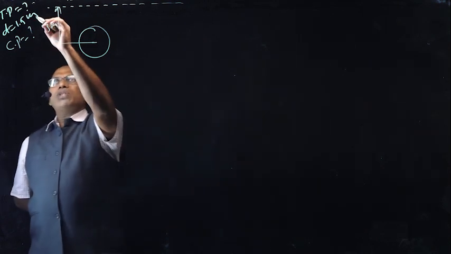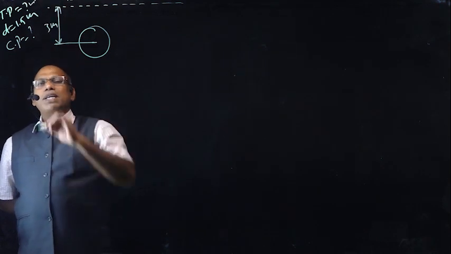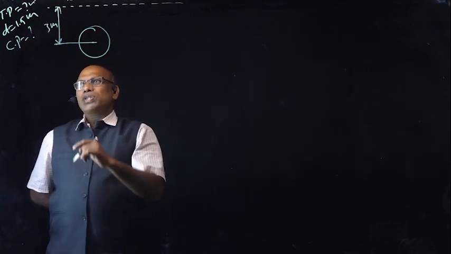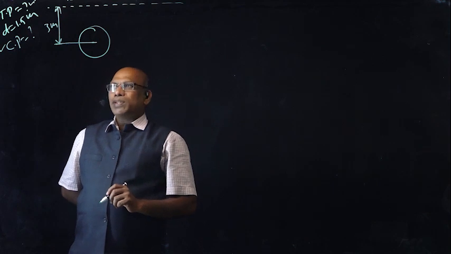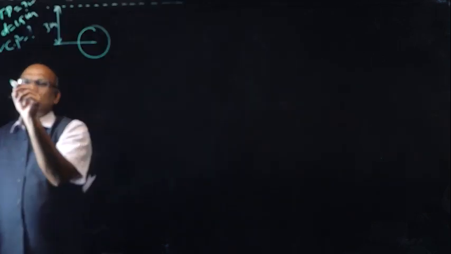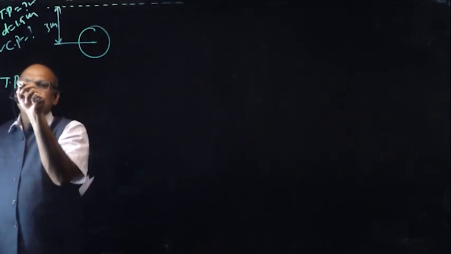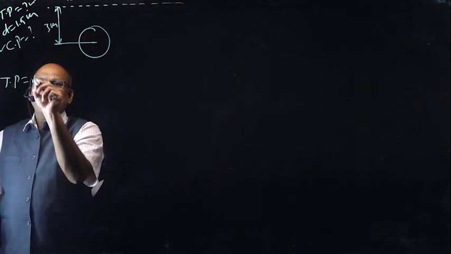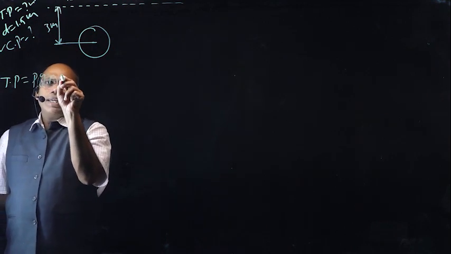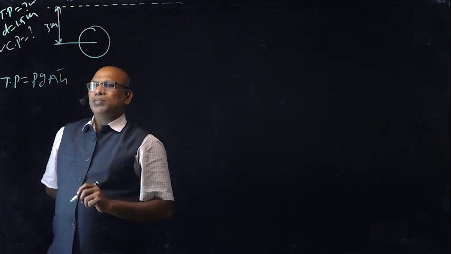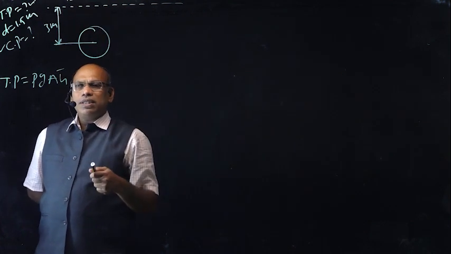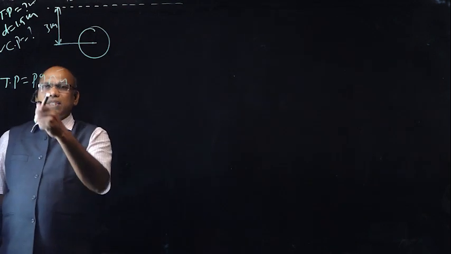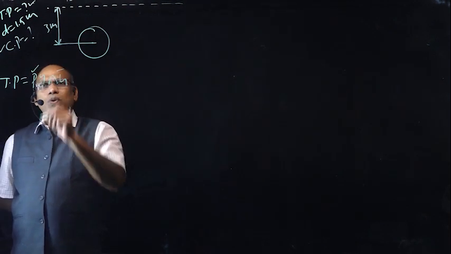Here we are going to determine the total pressure or pressure force and also the center of pressure. Right? We know the formula for the determination of total pressure: P equals rho G A H bar. This object is immersed in the liquid, therefore density rho is equal to 1000 kg per meter cube.